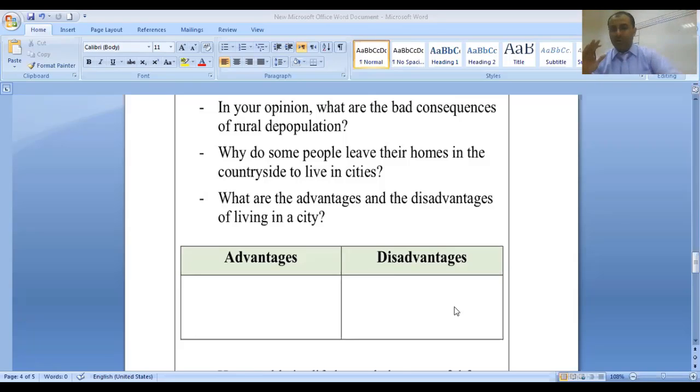Khalid, can you think of the disadvantages? If you are living here, what are the disadvantages? I need just one. What are the problems you face here in Al-Jahra?